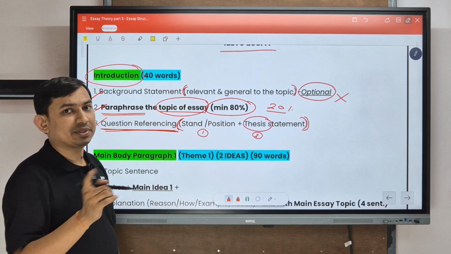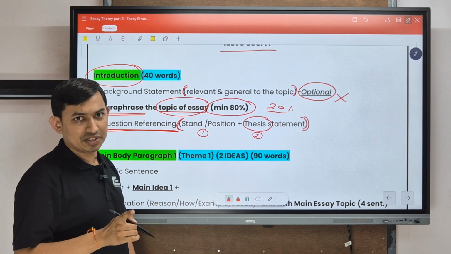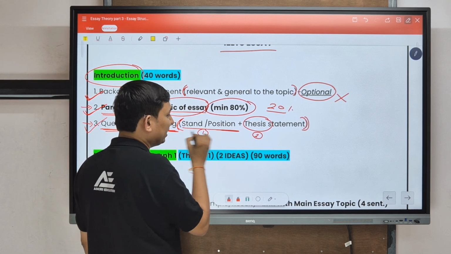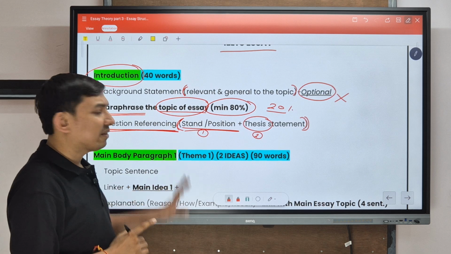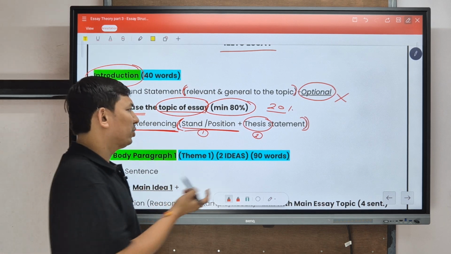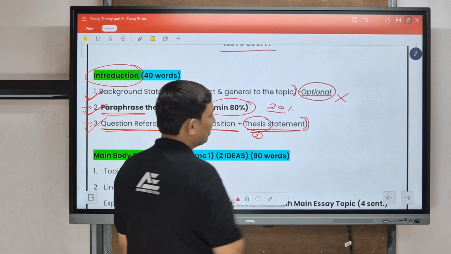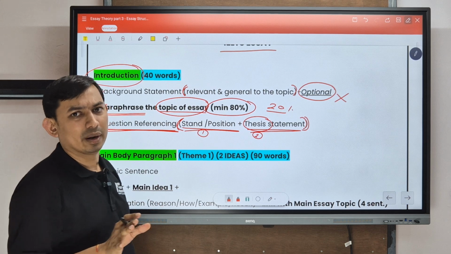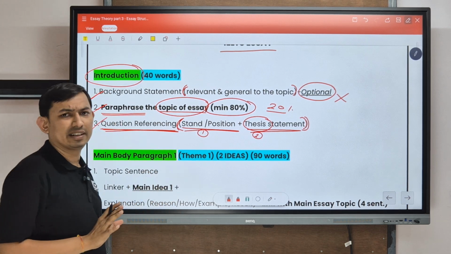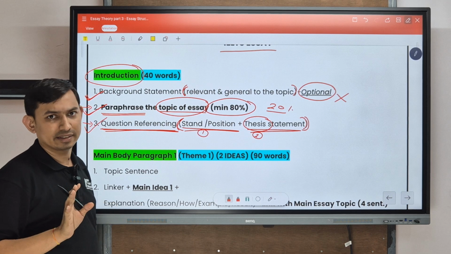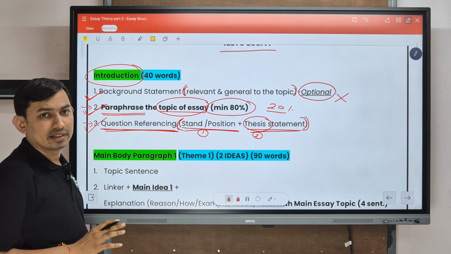Whenever there is a demand of stand or position in the question, at that time you have to take a stand or position mandatorily. But if there is no requirement of stand or position, at that time you can write simply a thesis statement. Thesis statement looks simple. We will give you the example. At that time you can simply see that there is no need to brainstorm or anything like that. Clear? So it is called a thesis.